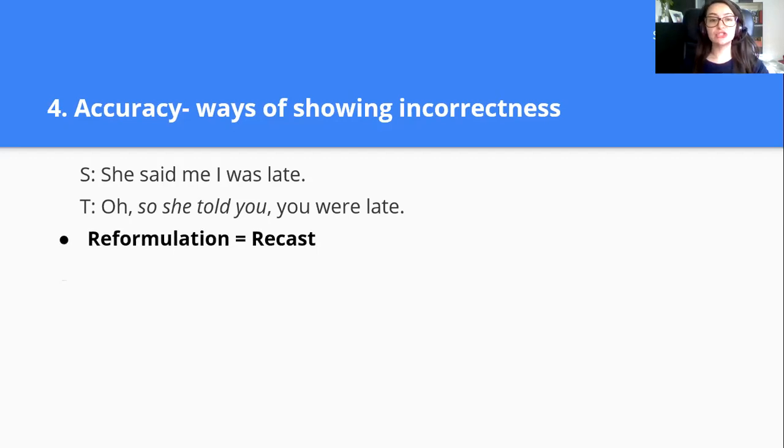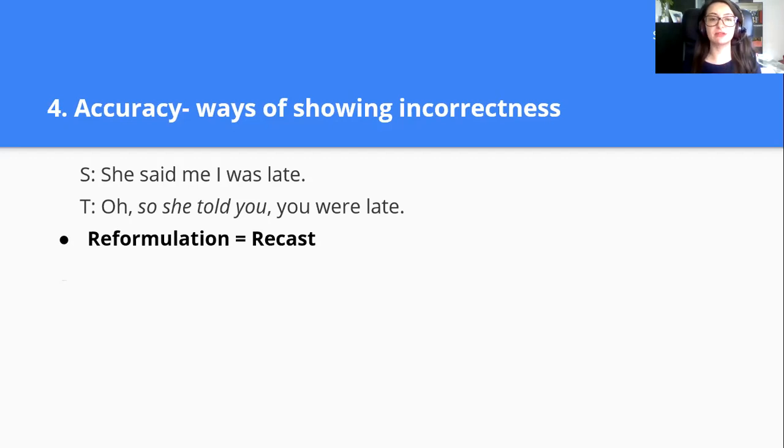However, I urge you to be very careful when using this technique. Why? Well, sometimes our students are so engaged in speaking and so eager to speak that they do not pay attention to what we say and instead just keep on talking. That's not really effective.